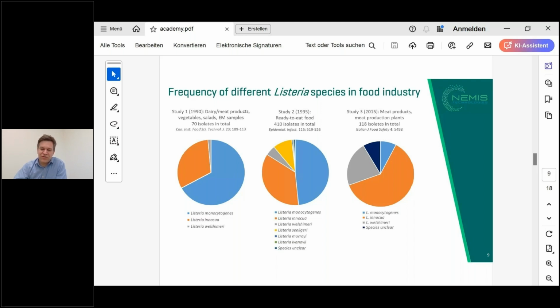The proportions of innocua, mono, and welshimeri can vary, from 60 to 40, so in different studies you find different ratios. But these four species, and especially mono and innocua, are the most important ones.